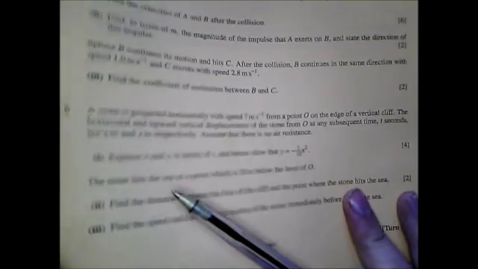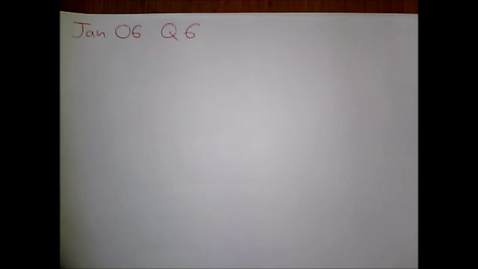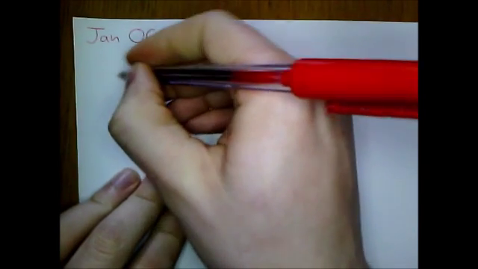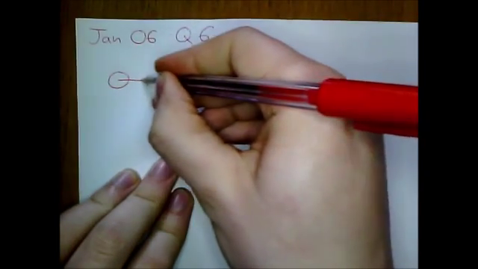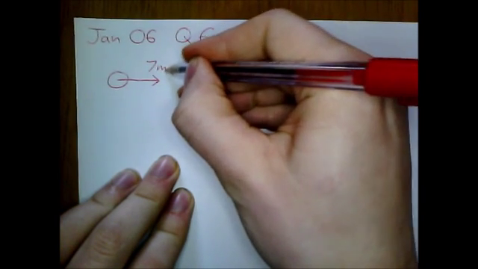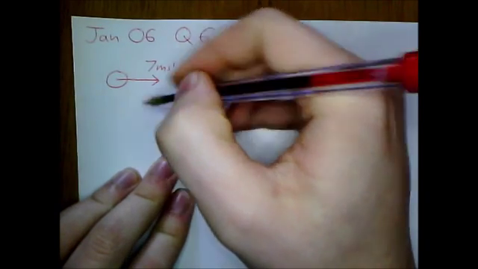Just like all projectile questions, we're going to start off with two equations for the horizontal and vertical motion. To help us do this, we're going to model the question like so. We're projecting our particle horizontally at a speed of 7 meters per second above a cliff.